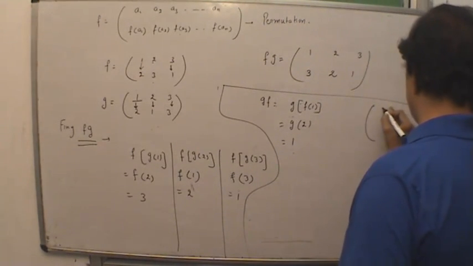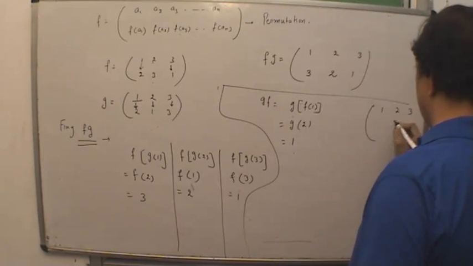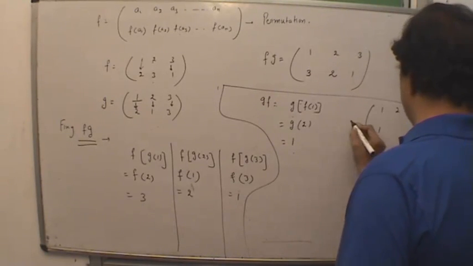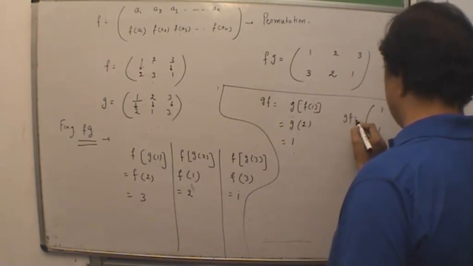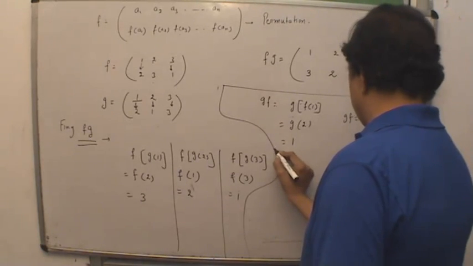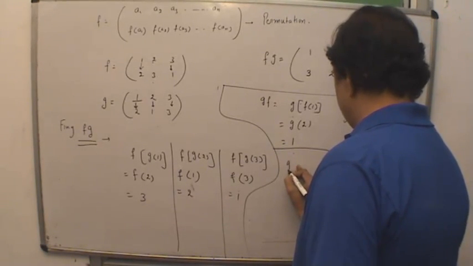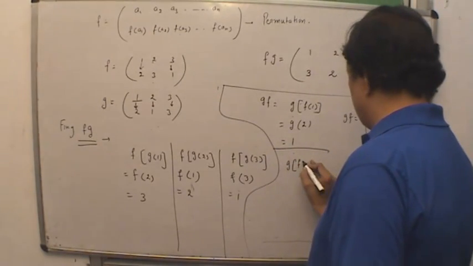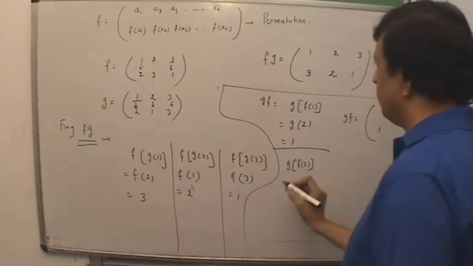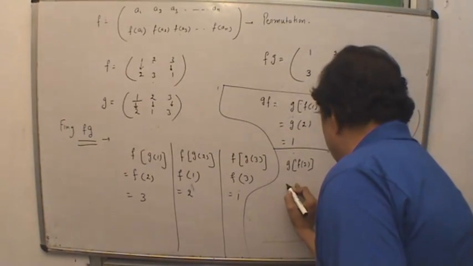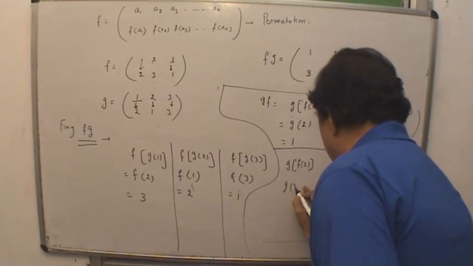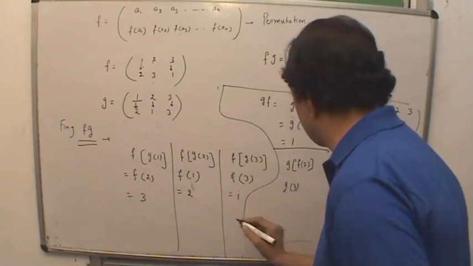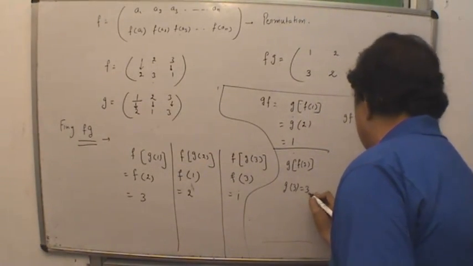If we write the composition 1, 2, 3, it is 1. It is g of f. For the second element, g of f of 2, here the image of 2 is 3, g of 3, and in g the image of 3 is 3.